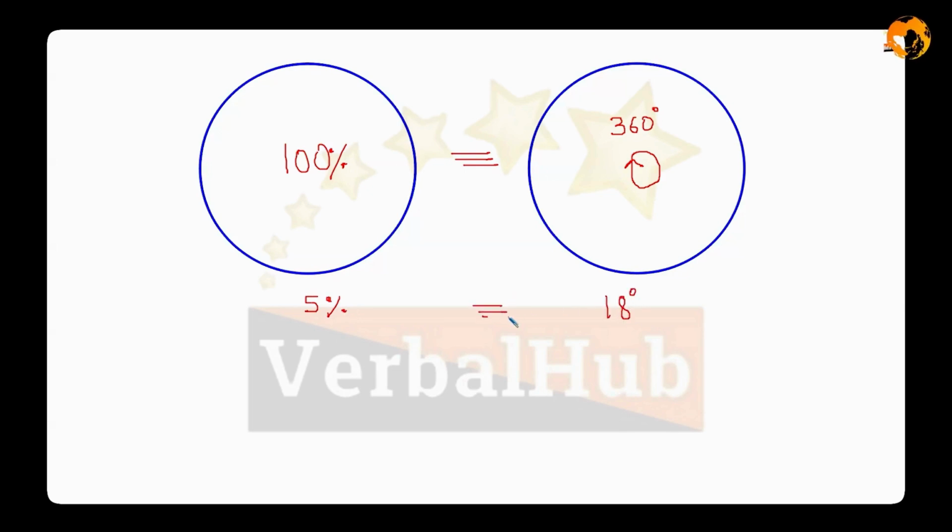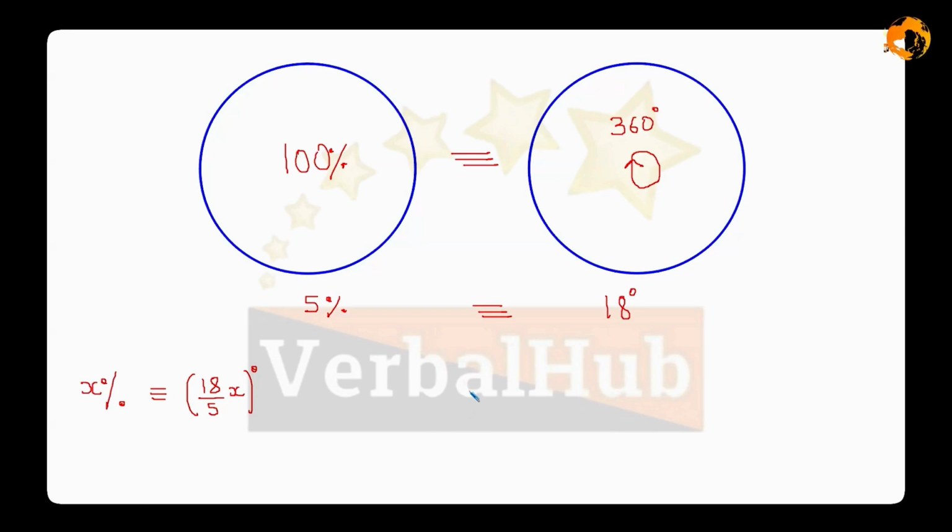So that is the conversion factor from percentage to degree. So if there is some X percentage, then how much is that in degrees? We can say that 1% is 18 by 5 degrees. So X percent is 18 by 5 X degrees, right? So from percentage to degree, you multiply with 18 by 5, right?